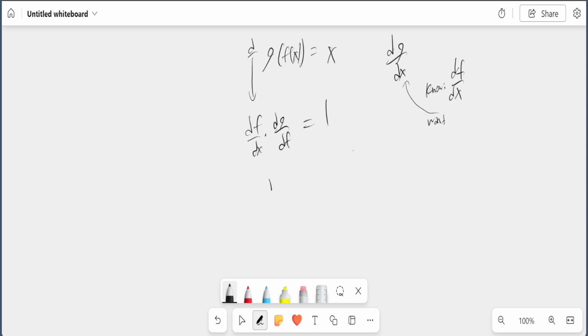So then dg/df is equal to 1 over df/dx. And the quirk still shows up here, it's dg/df, not dg/dx, just like how I was talking about with g of f of x, it's in terms of f. So we need to find what x will give us the right f of x needed. It's a similar thing, if that makes sense. So that should be everything about inverses.